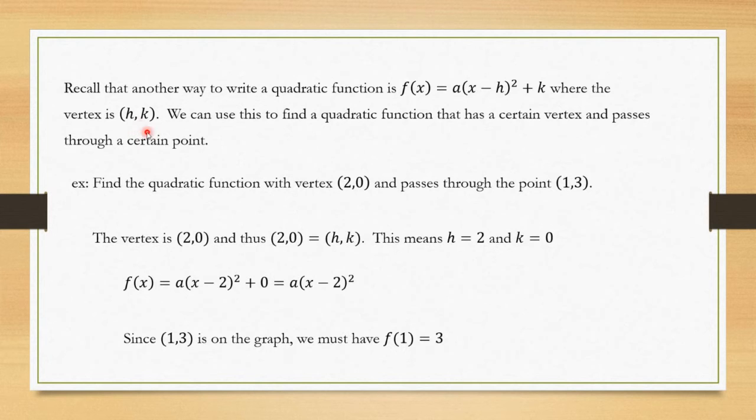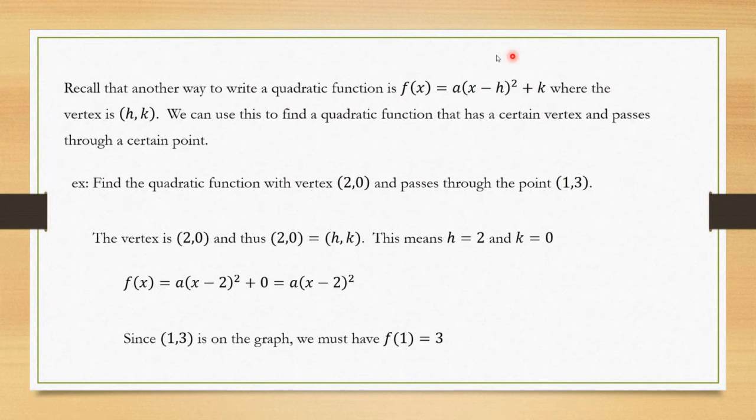And remember, the vertex is where the graph changes direction, the lowest or the highest point, depending on if k is positive or negative. What I went through last time was that if you know the vertex and you know the quadratic function passes through a certain point, then you can get a formula for the quadratic function easily using this.